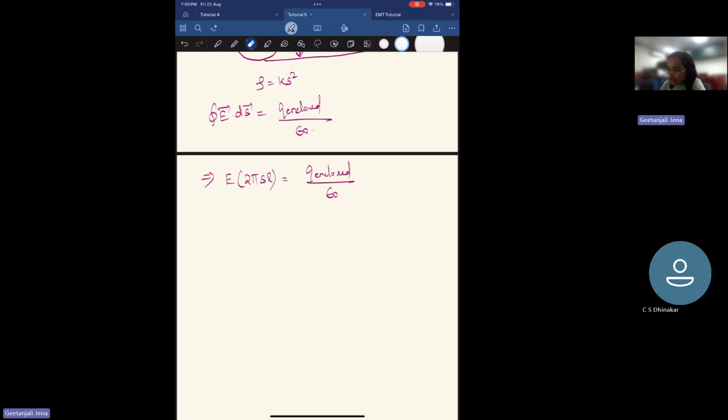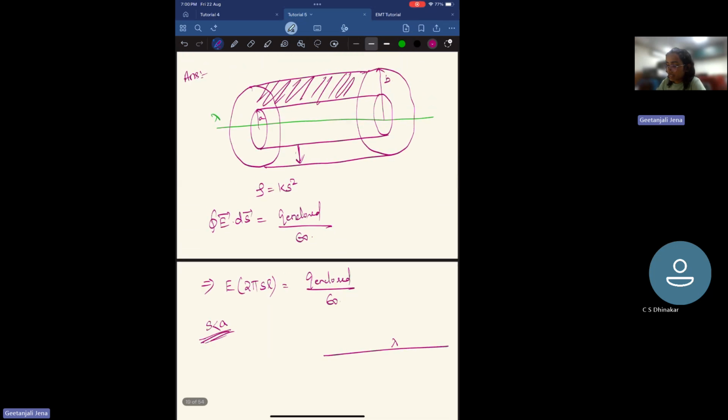Okay, so now we will see the different regions. For S less than A, what is the charge density? For S less than A, we have only the line charge density of lambda. You can see here the line charge density of lambda.